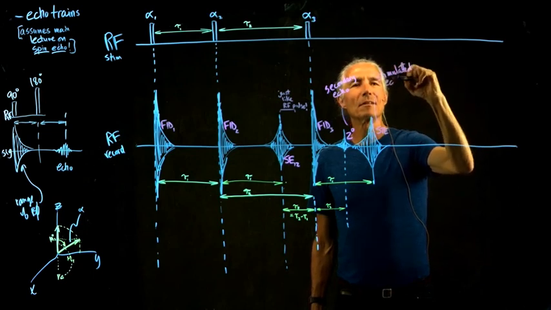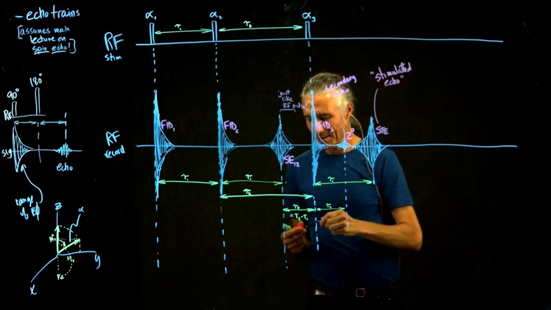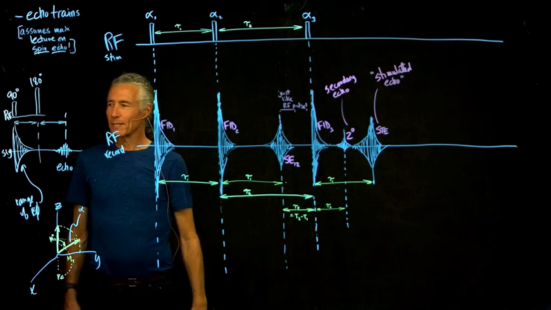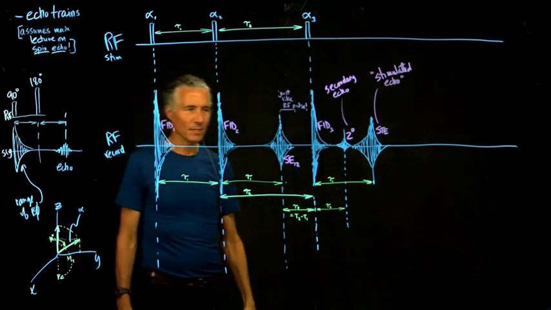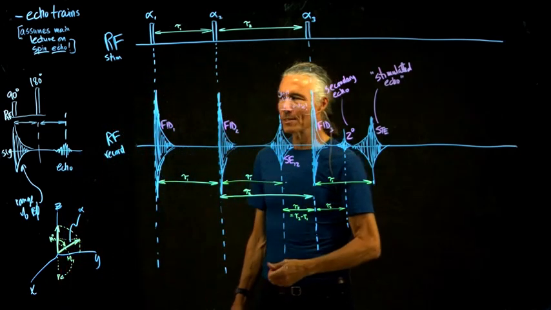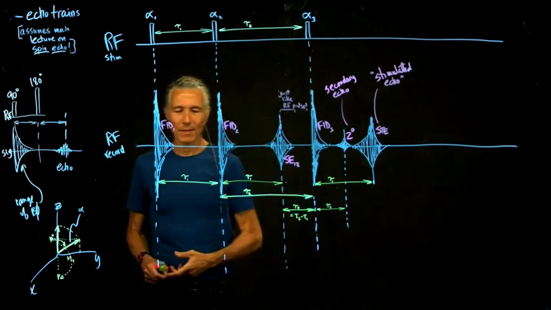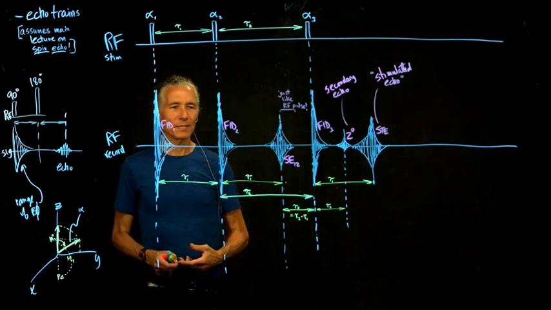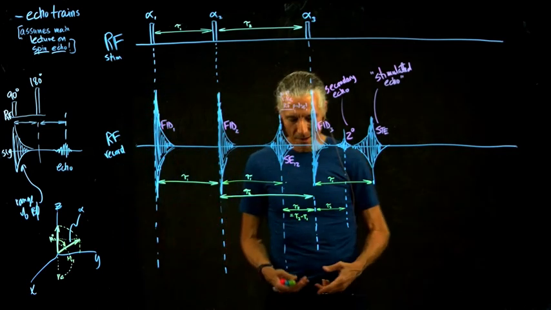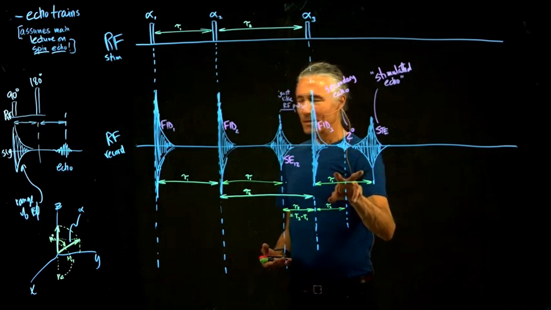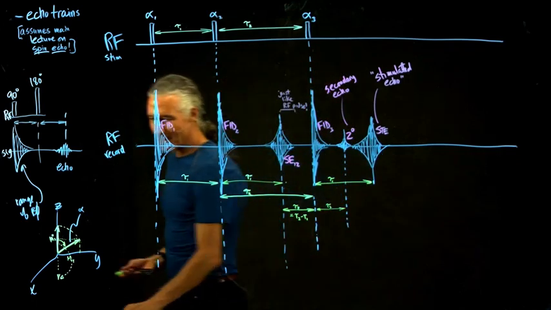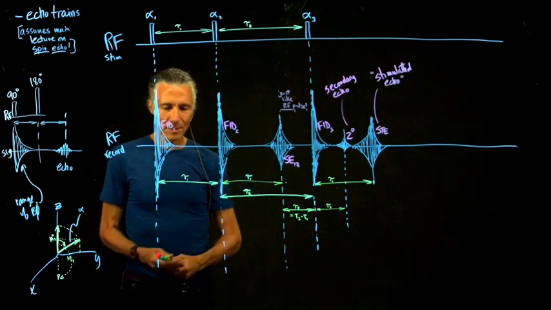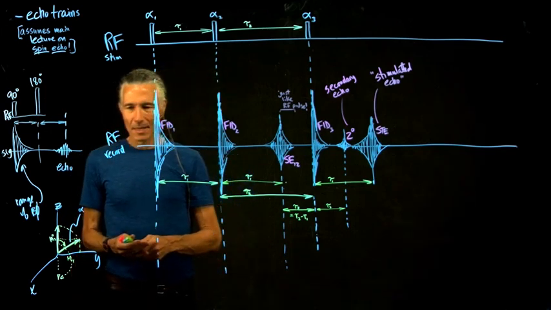All echoes are stimulated because you can't get an echo unless you have an RF pulse, but stimulated echo just means an echo that you get out of 3 RF pulses. So whenever you have 3 RF pulses in a row, you'll get a stimulated echo, 3 real RF pulses. And what is the sort of phenomenology of the stimulated echo? Well, it's always going to be like the following.